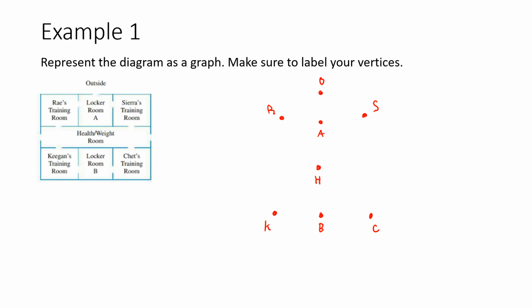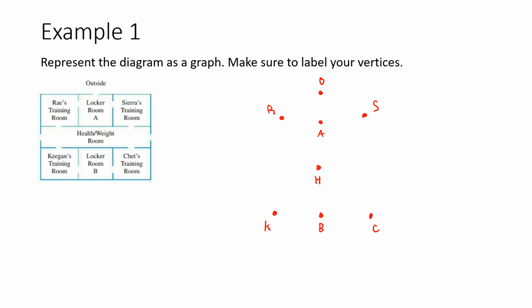Now, if rooms are the vertices, what are the edges? The walls? That wouldn't make much sense, right? Because for example, if I connect locker room A, it shares a wall with the health and weight room. But is there any physical way to get from A to the health and weight room?